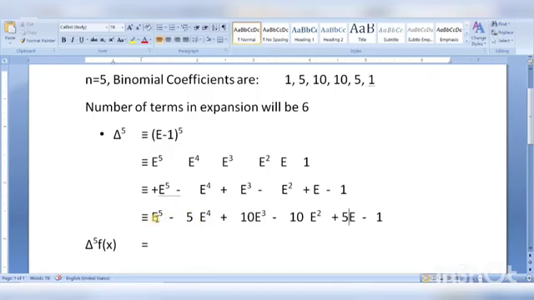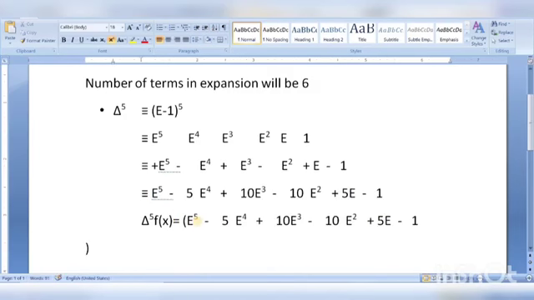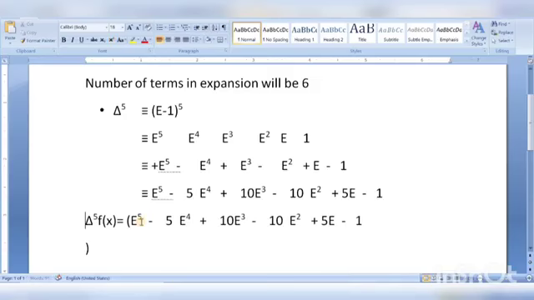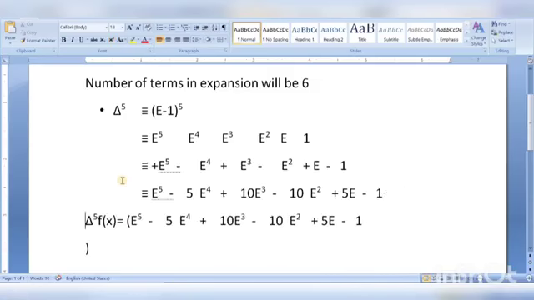Immediately you can write it down, which is applied on f(x).